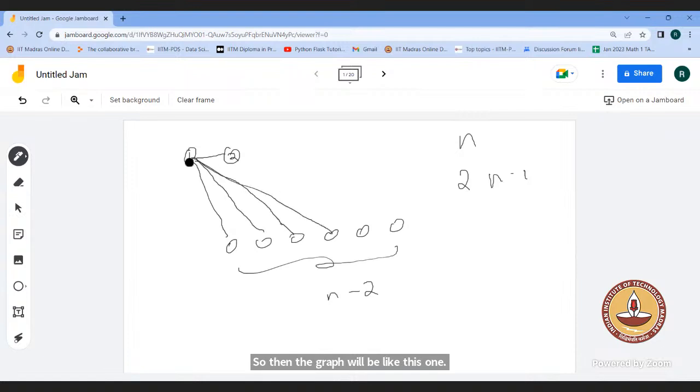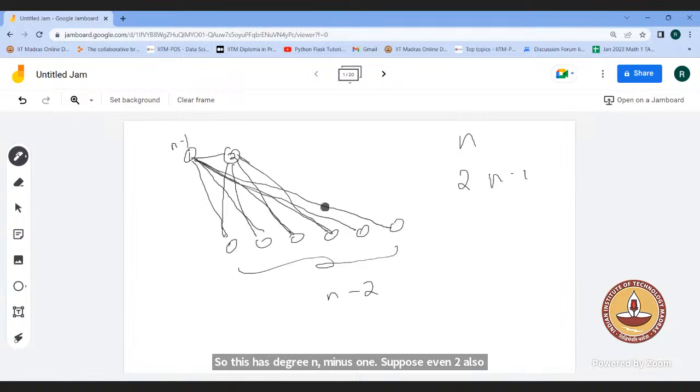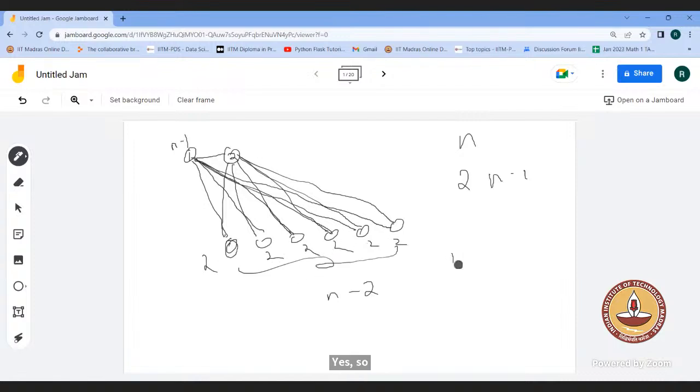So this has degree n minus 1, and even 2 also has degree n minus 1. This can have any degree, we don't care about it now. But what we can say is that every vertex has a minimum degree of 2, right? There will not be one then, because two have the same.